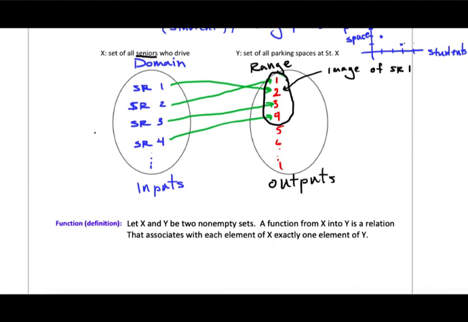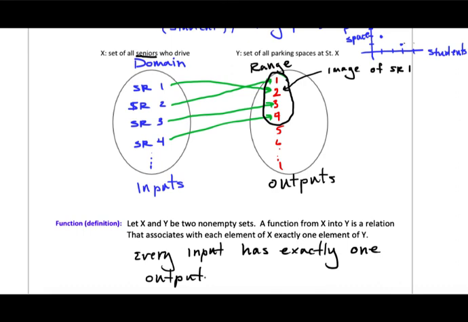Another way to talk about this definition is that a function is a relationship where every input has exactly one output. Each senior is assigned one parking space.